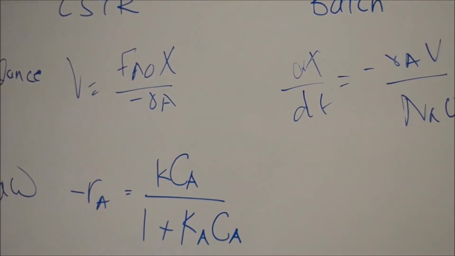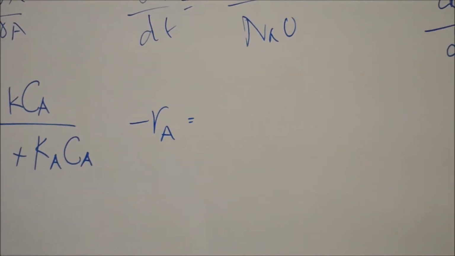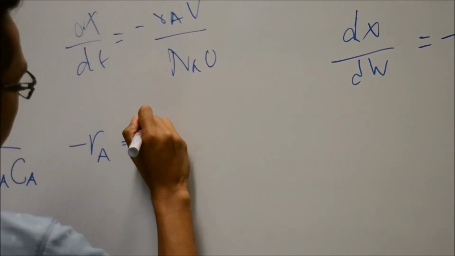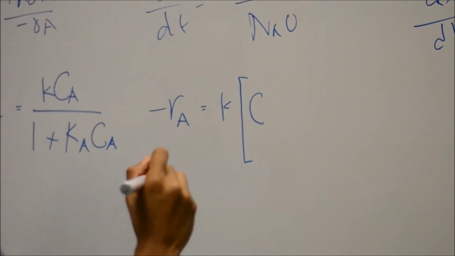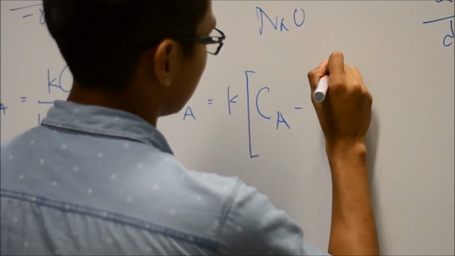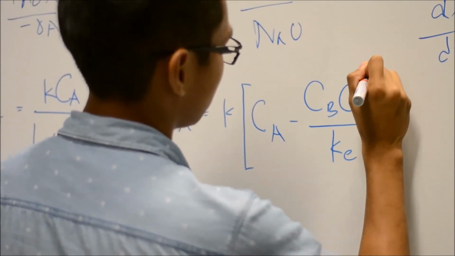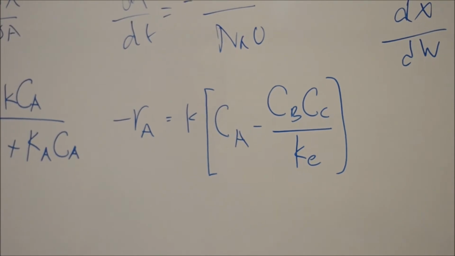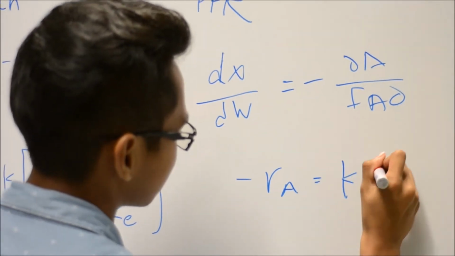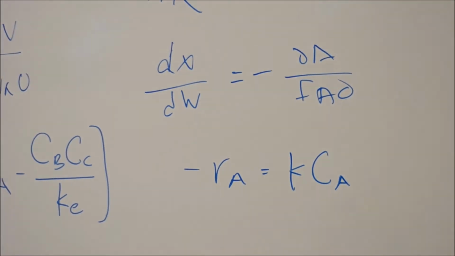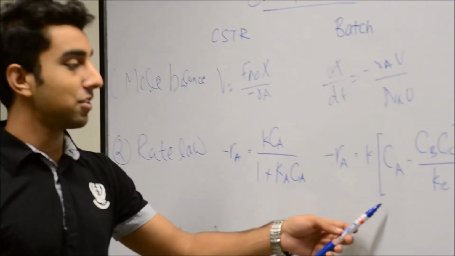For batch, there will be CB, CC. Okay, it's for batch. Now for PFR. PFR is the easiest one. So, is it correct, sir? Yes. Okay, Anwar, as I can see, everything done by Anwar is correct.